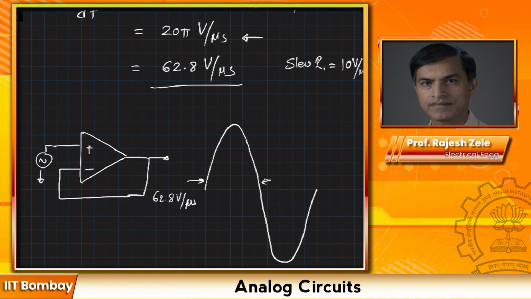So that's why I said we are applying a large signal and we expect a sine wave at the output. Unfortunately, the slew rate limitation of the op-amp will not give you the behavior that you expected. In this case, the slew rate is 10 volts per microsecond.